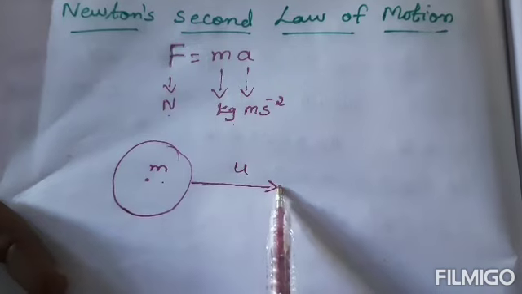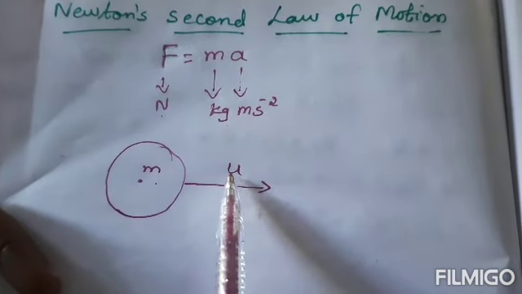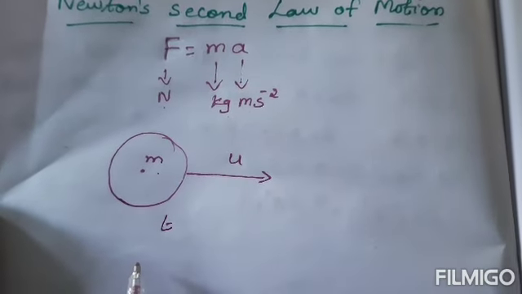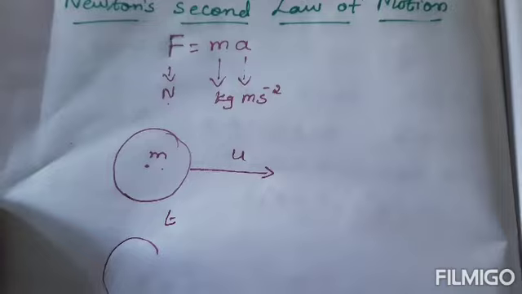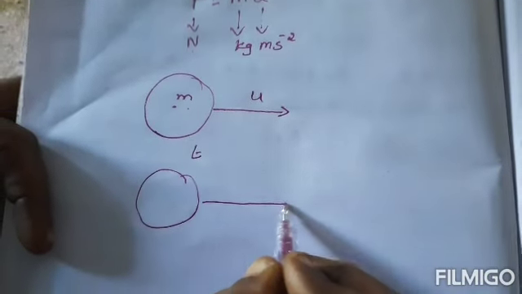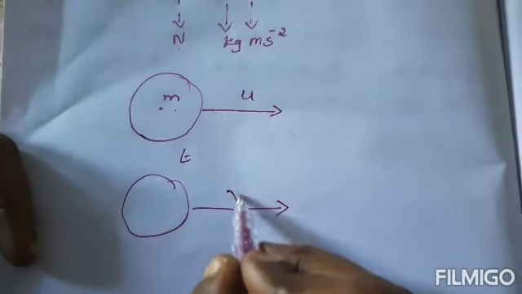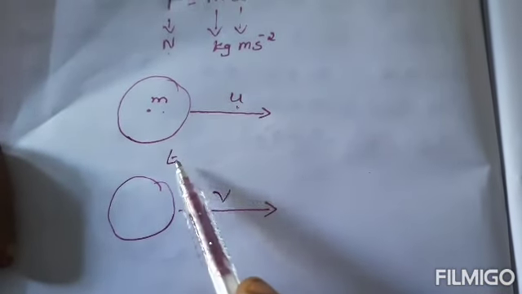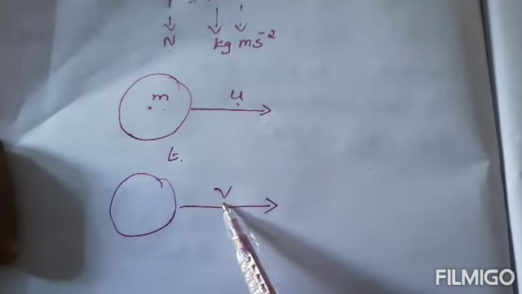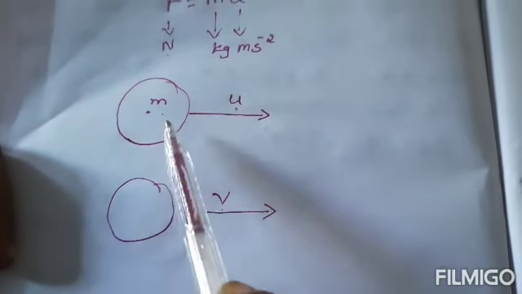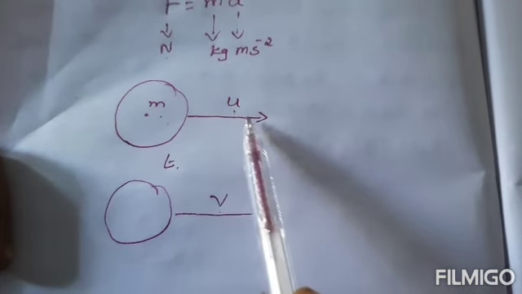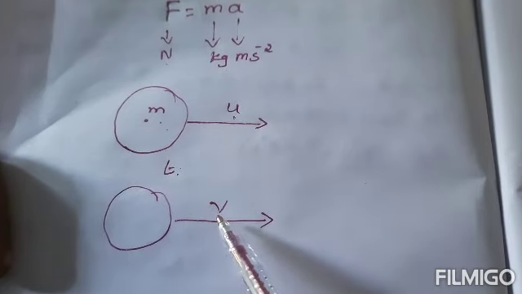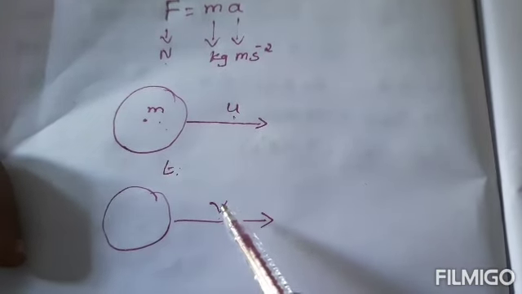Then after time t, the same object is moving with the final velocity v. First initial velocity u, next what? After time t, the final velocity is v. So let us consider the mass m moving in a straight line with initial speed u. After time t, the final speed is v.